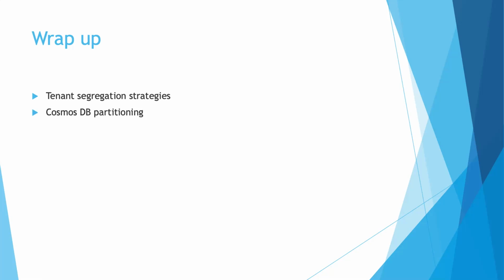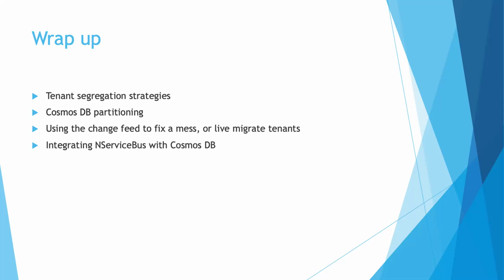We looked at how partitioning works in Cosmos DB and what importance the partition key selection plays if you want transactionality within a logical partition. We also saw how to fix a mess using the change feed and even to live migrate tenants.